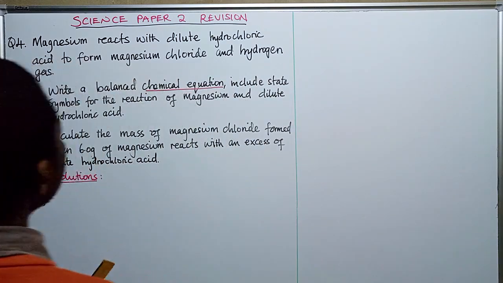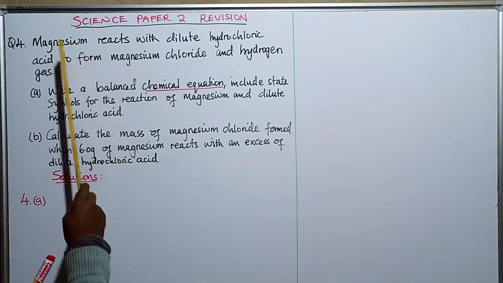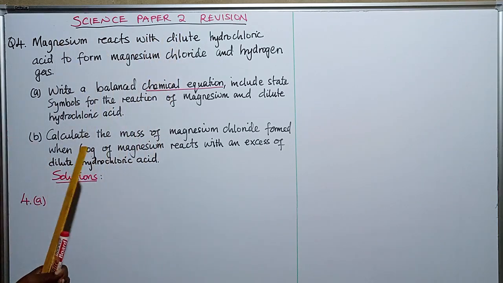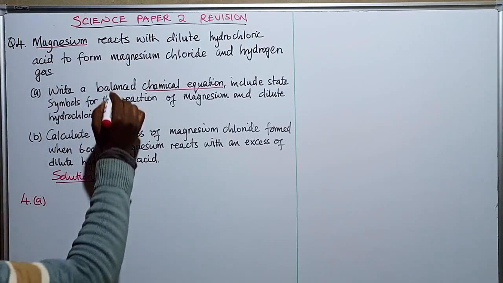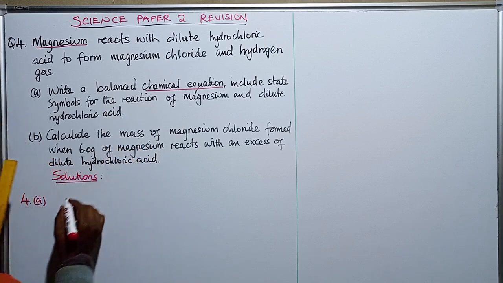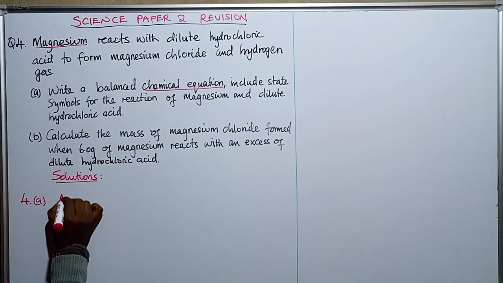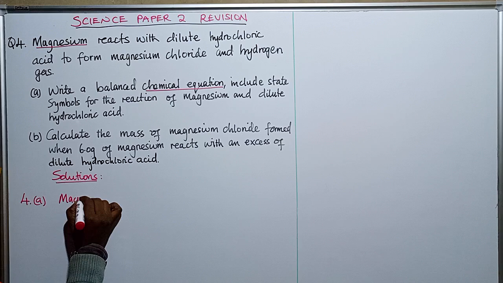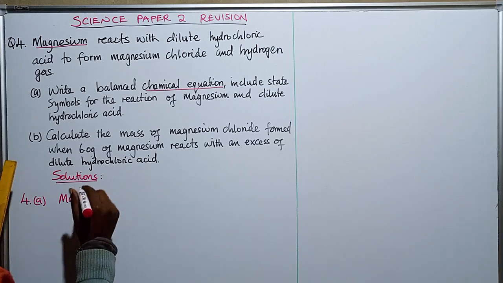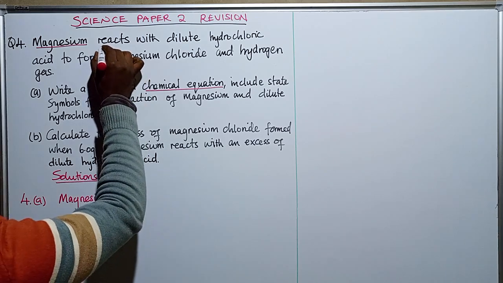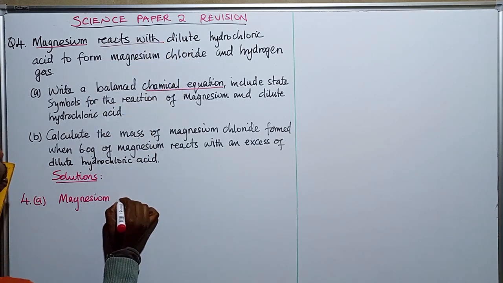You are told that magnesium reacts with dilute hydrochloric acid. So there is magnesium. We write a word equation. You write magnesium, then where they say "reacts with," it means plus, so you put a plus.